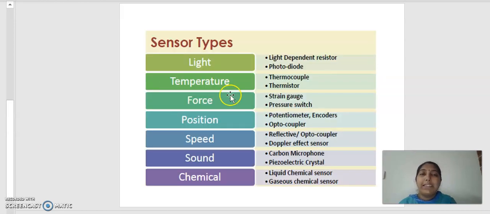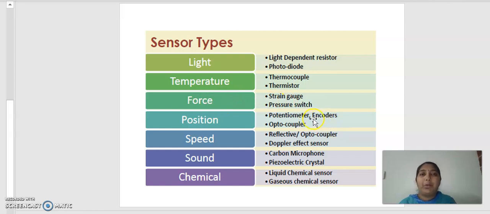Now we'll see some sensors which measure these particular physical properties. The light dependent resistors, that is LDR, and the photodiode measure the light. The thermocouple and thermistor sensors measure the temperature. Strain gauge and pressure switch measure the force.